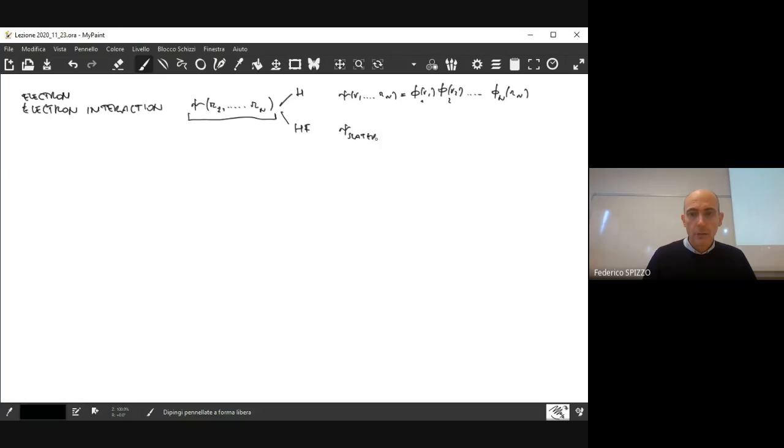So to fix this symmetry, we have the introduction of this Slater determinant, and this Slater determinant has the same structure of the Hartree wave function, but in this case, you include all possible permutations of the indexes of the levels with respect to the index of the electron.